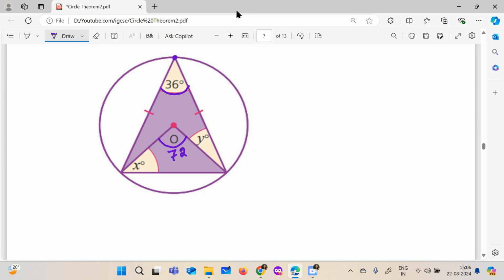Very good. Now you have to observe one thing here. See these two markings. It means that this is an isosceles triangle and these angles are equal, right? But your question is you need to find this angle and this angle.